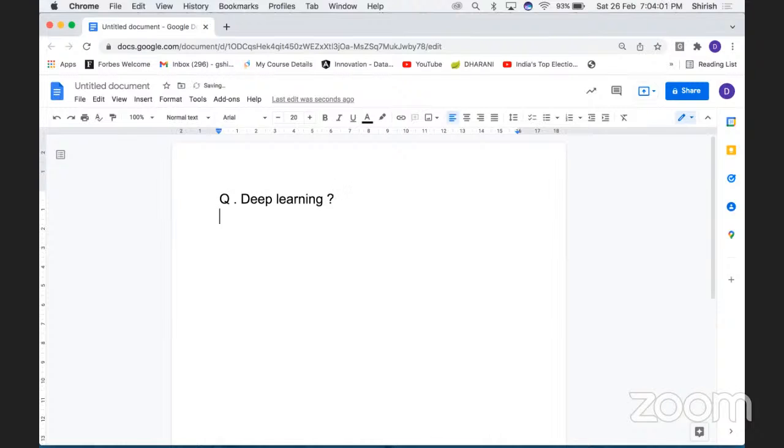One of those algorithms, we have a big list, but the first one is the neural network. The word neural is nothing but something we have studied about neurons.